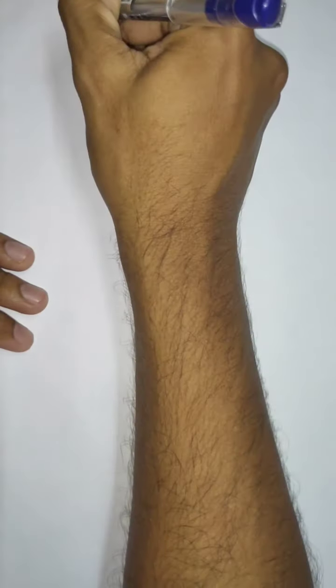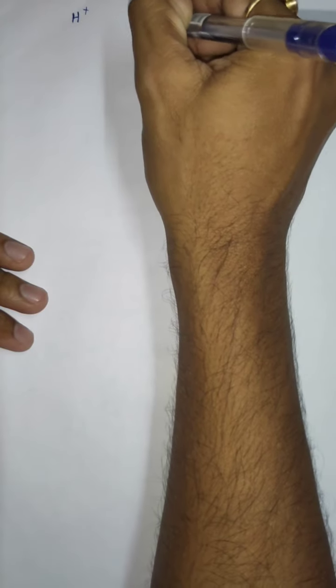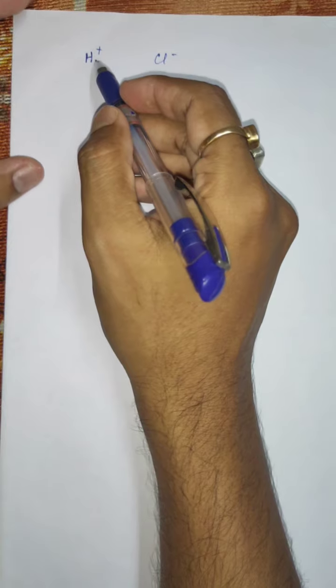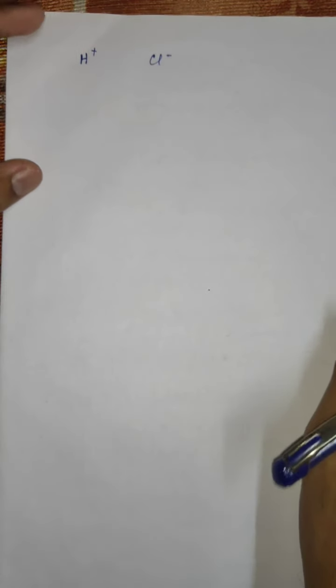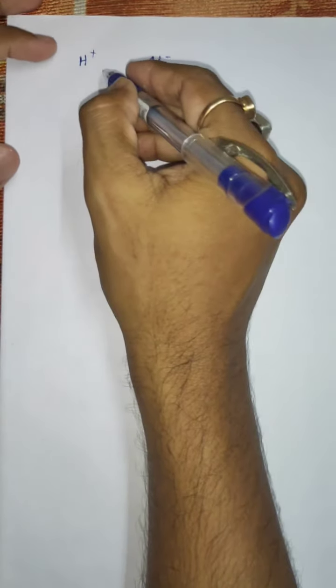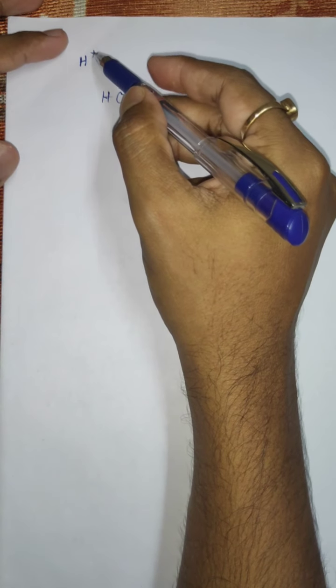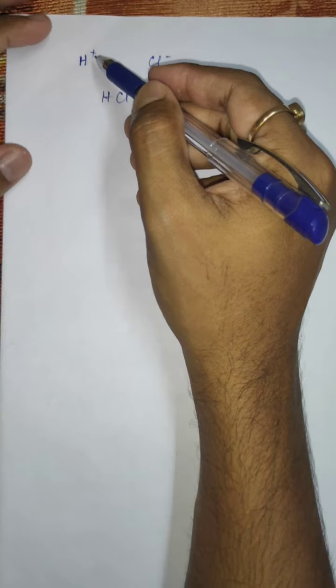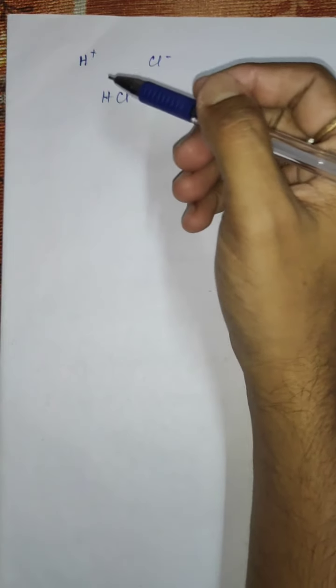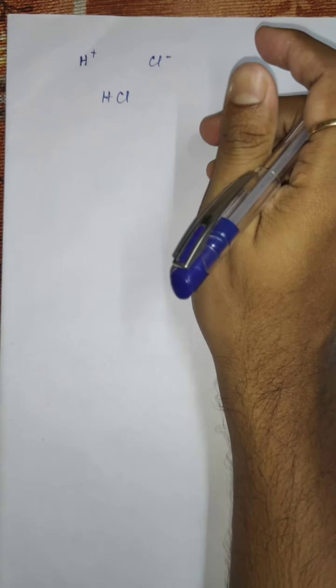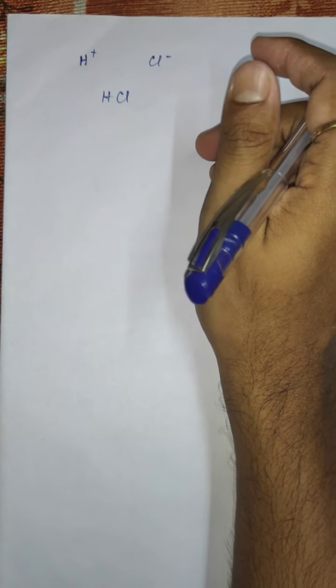You see H positive and chloride is Cl negative. H positive means 1 positive, and Cl negative means 1 negative.